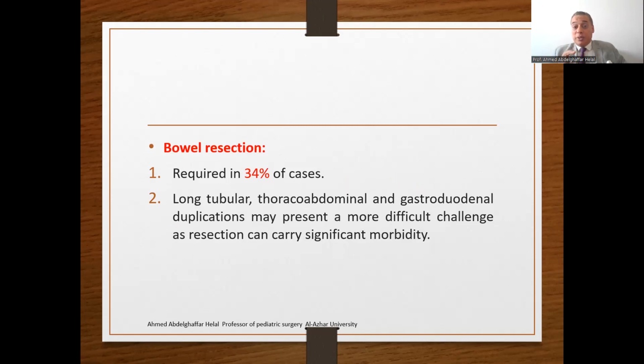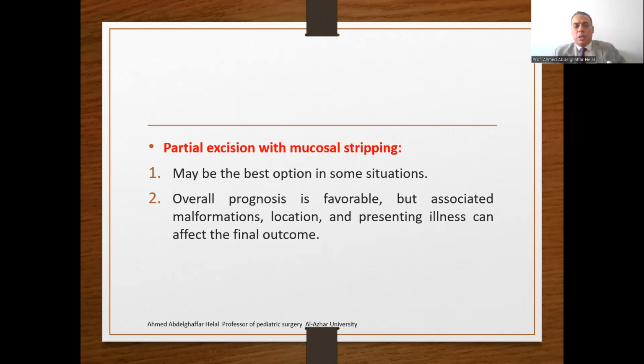A long tubular thoracoabdominal gastroduodenal duplication may present a more difficult challenge, as resection may carry significant morbidity and may lead to short bowel syndrome, and we will speak about some solutions for this problem later. So if you decide to resect the bowel with the duplication, you may face short bowel syndrome.